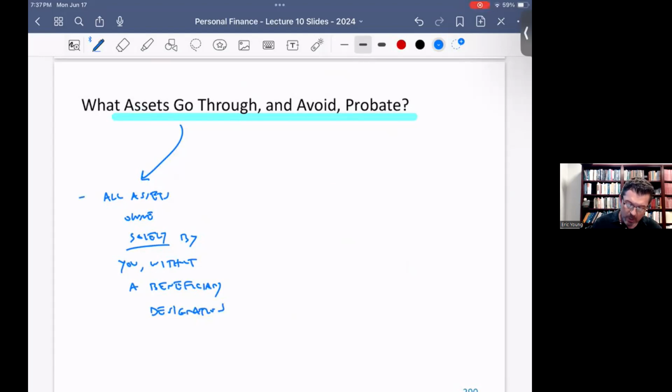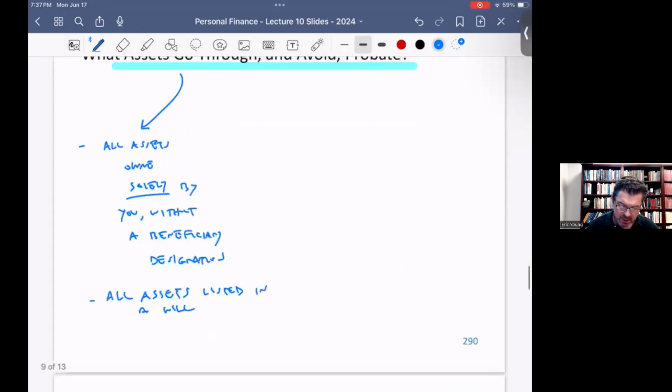Notice that what goes through probate are basically all the assets listed in a will. In addition, probate would cover any assets you forgot to include in your will.